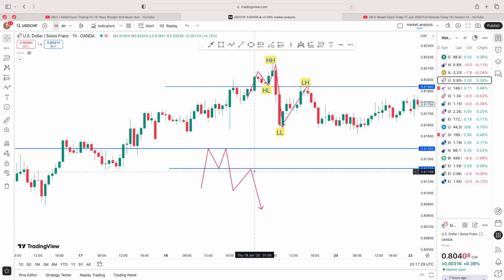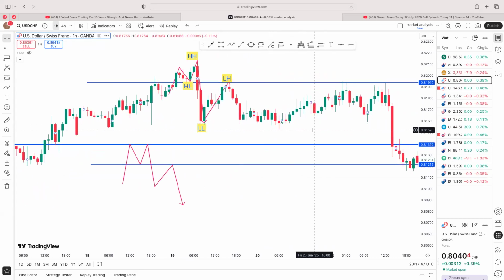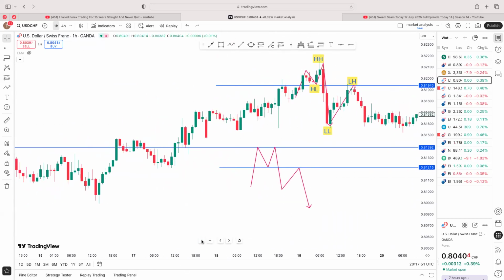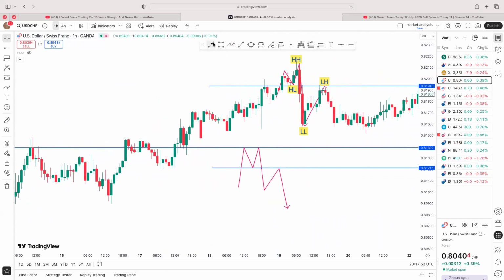I think I'm confused. How is that a lower high? Are we not after that lower low? Are we not going on an uptrend now? No, the structure is broken. Look at this. The structure is broken. I'll show you.